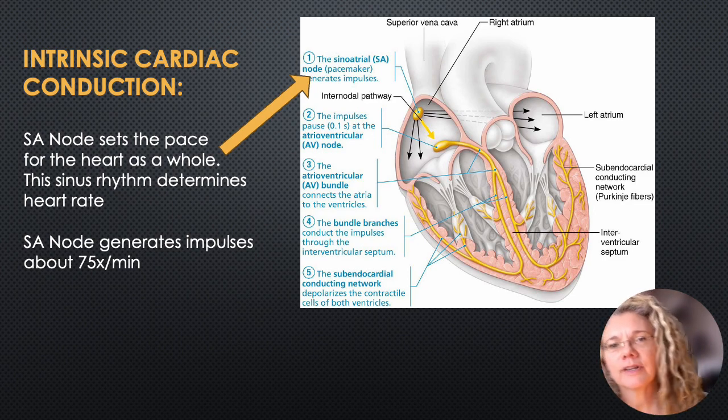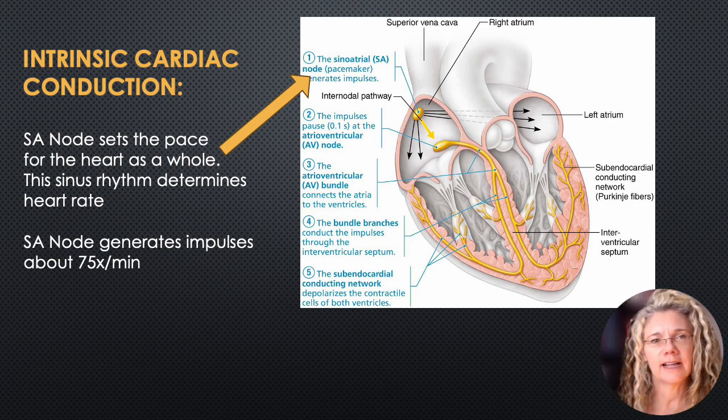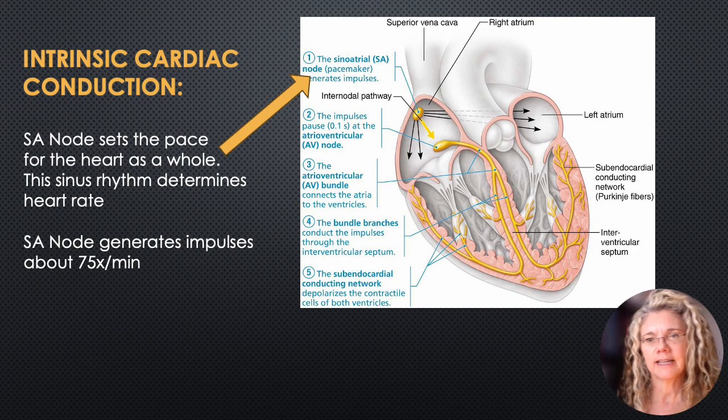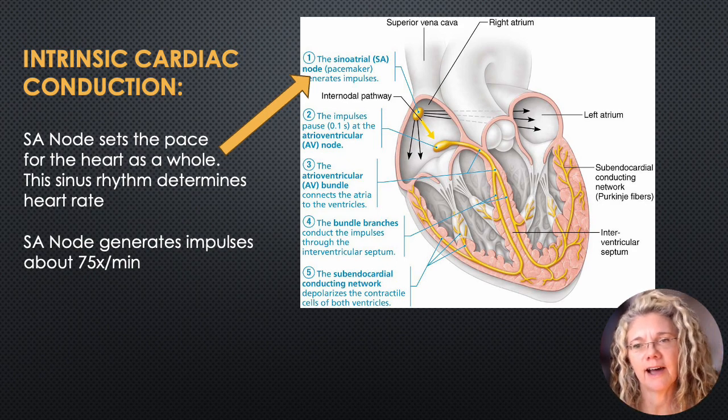All right, so now let's talk about how electrical activity flows through the heart. Now, you understand how blood moves through this awesome, amazing organ, and so now let's move on to how electrical impulses move through.